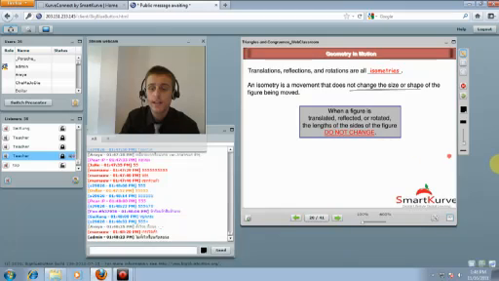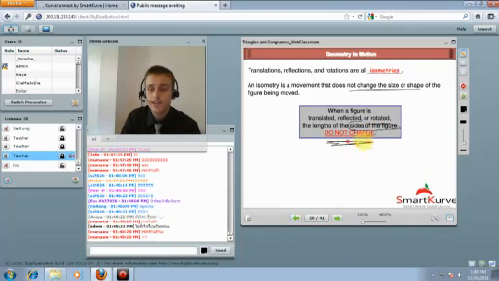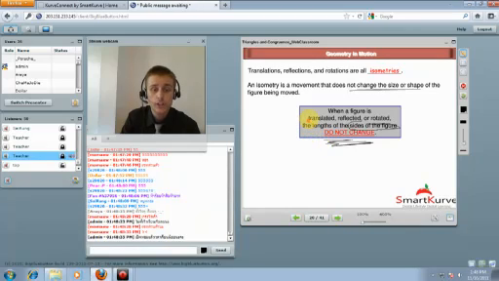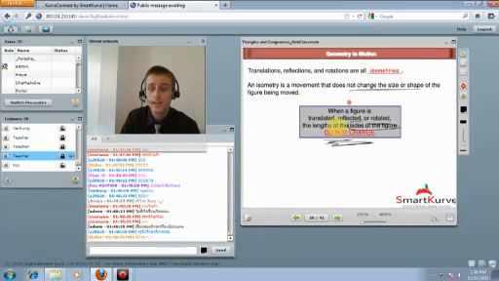When a figure is translated, reflected, or rotated, the lengths of the sides of the figure do not change. They stay the same. If we're changing the size, then we cannot call that this. Translated, reflected, or rotated will keep the lengths the same.